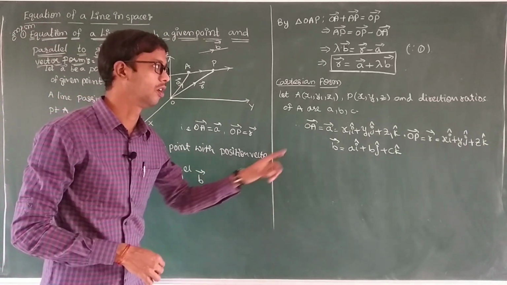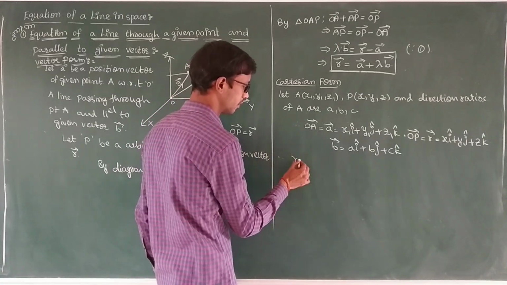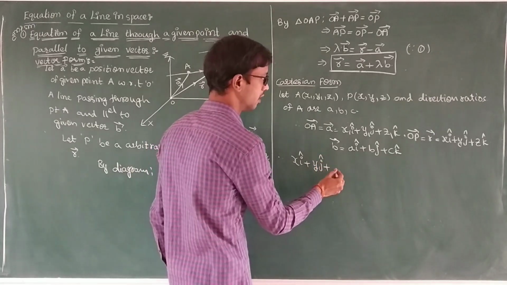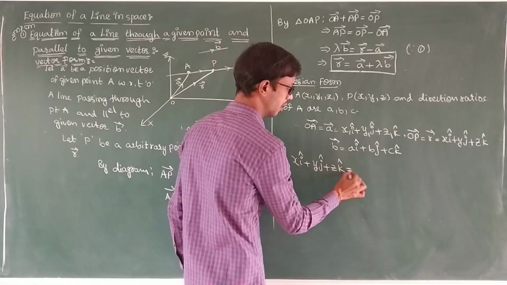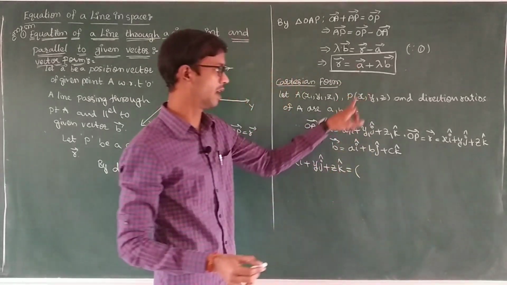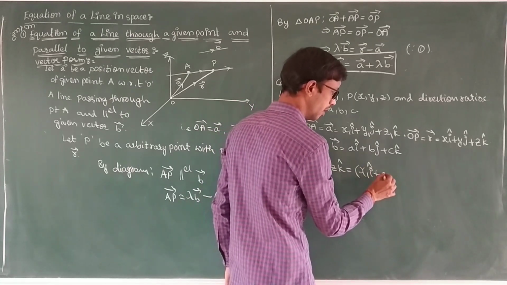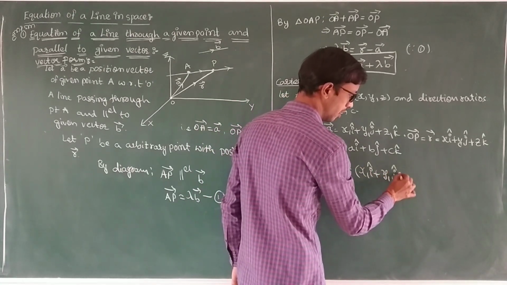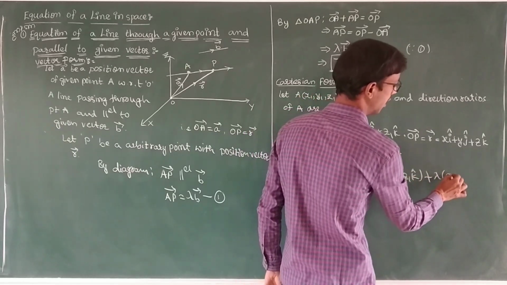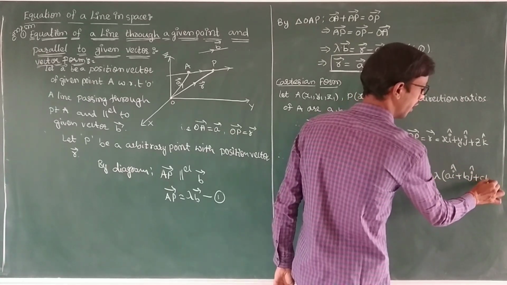Next, substitute: x i cap plus y j cap plus z k cap is equal to A bar, which is x1 i cap plus y1 j cap plus z1 k cap, plus lambda into (a i cap plus b j cap plus c k cap).